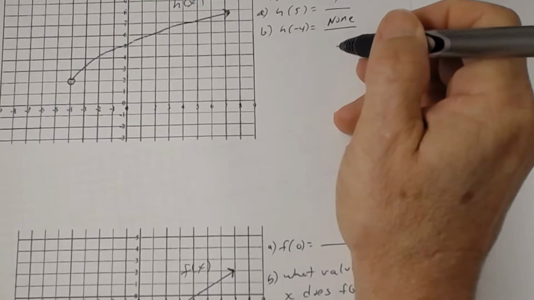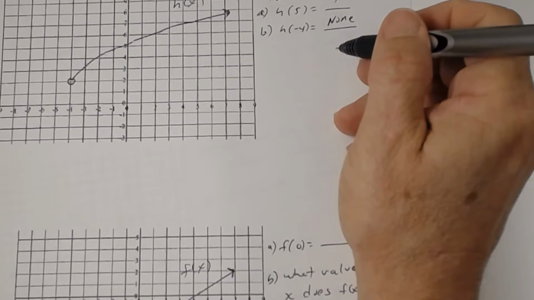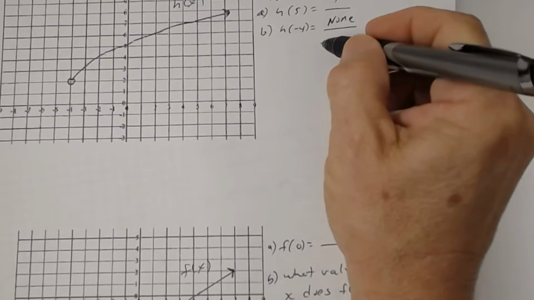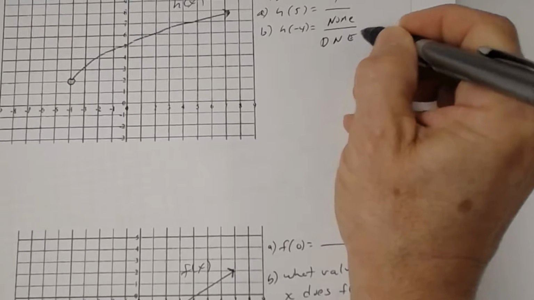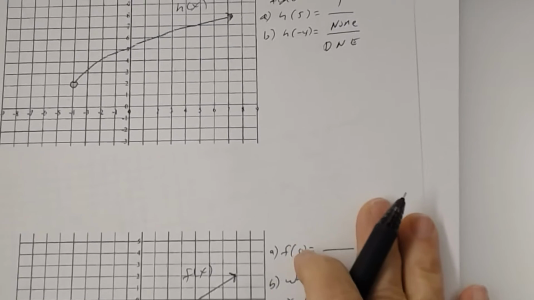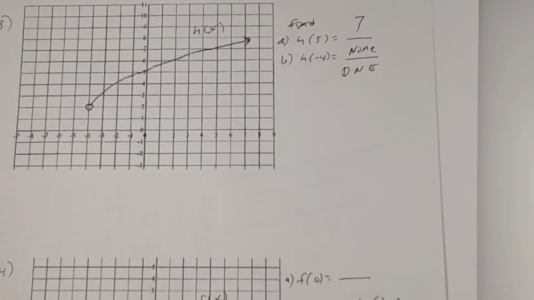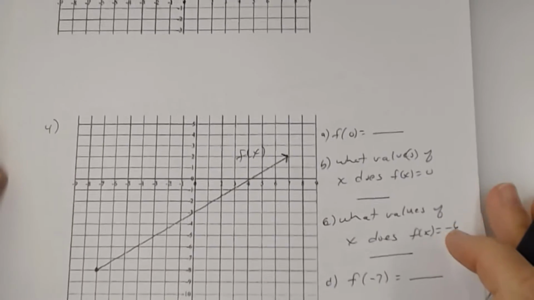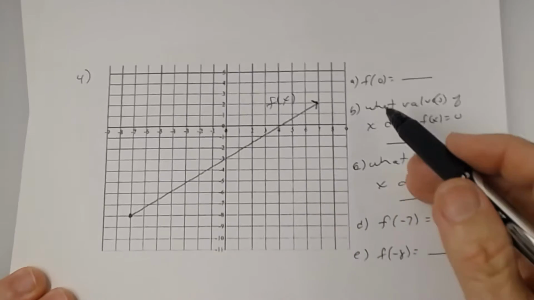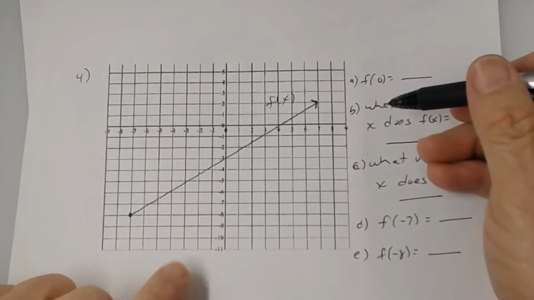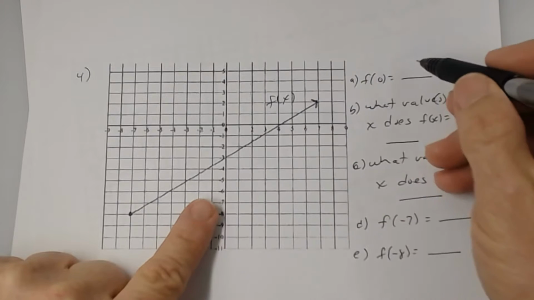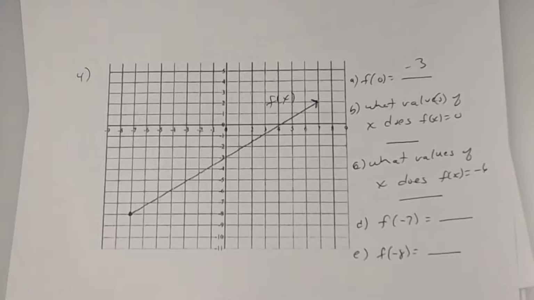If you say 0, I'm assuming you mean the number 0. So say none or say does not exist. Okay? None or does not exist. Okay, f of 0 in number 4. -3. F of 0 is -3. Good.